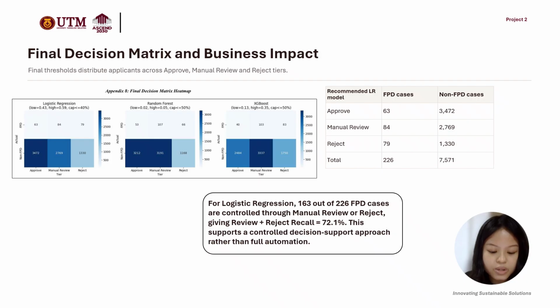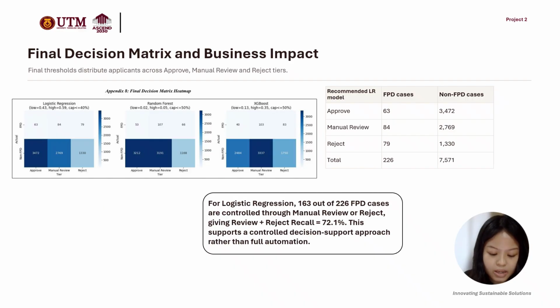Next, final decision metrics and business impact. For logistic regression, 63 out of 226 actual FPD cases are still approved. However, 84 are sent to manual review and 79 are rejected. This means 163 out of 226 FPD cases are controlled through manual review and reject.